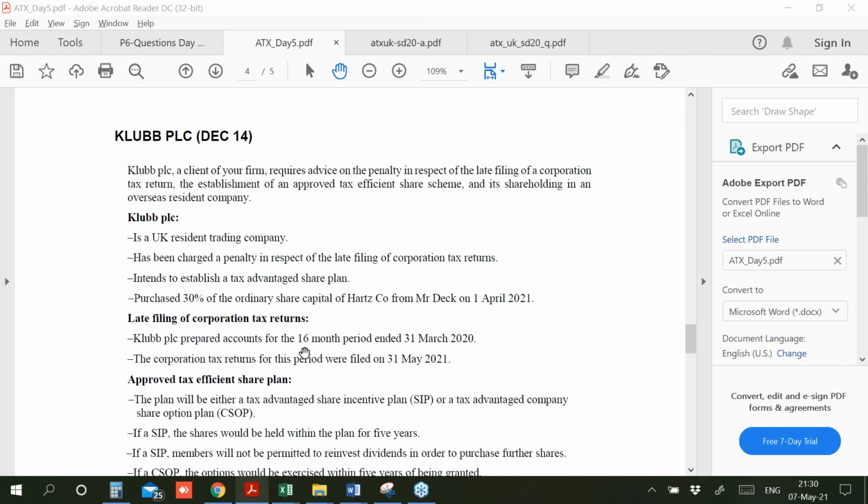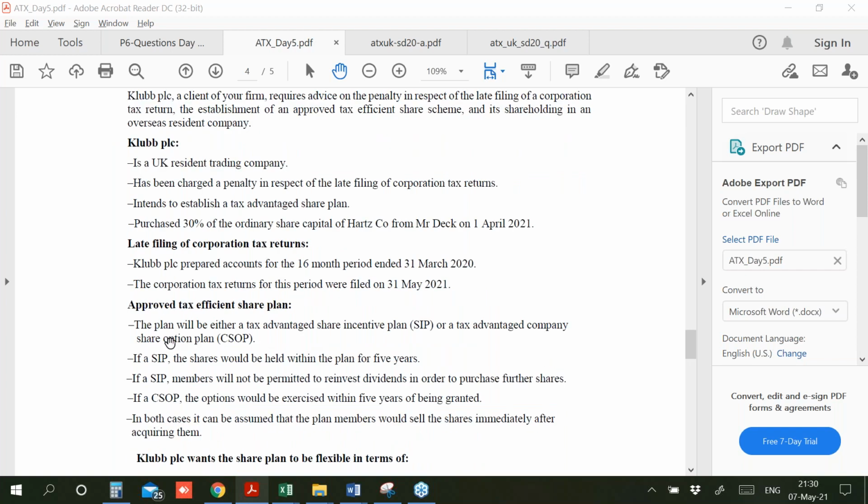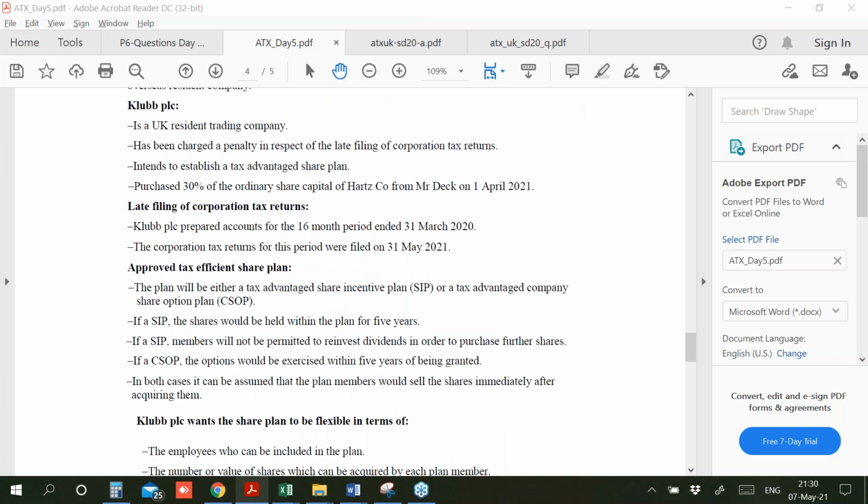So let's move on to the second part. Approved tax efficient plan. The plan will either be a tax advantaged share incentive plan or a tax advantaged share option plan. If a SIP, the shares would be held within the plan for 5 years.